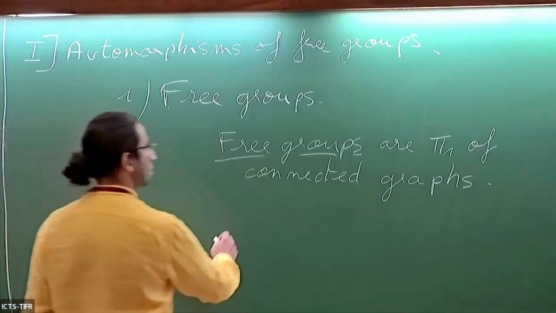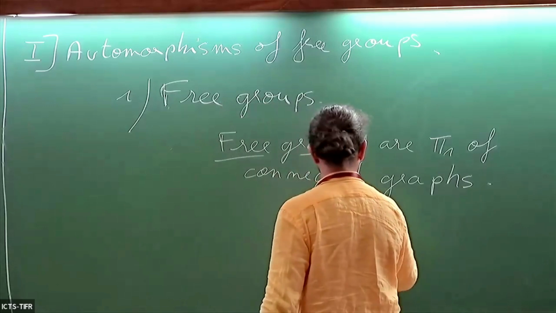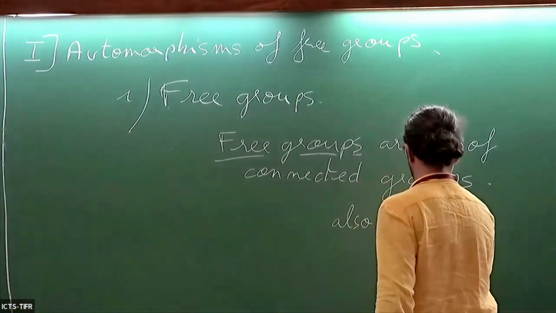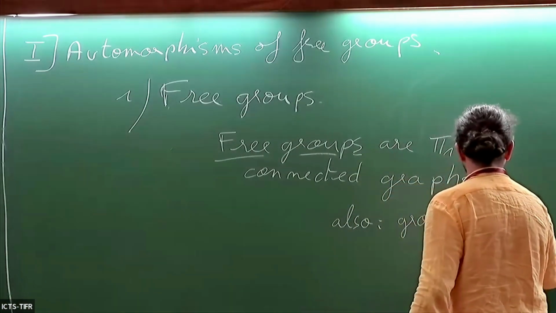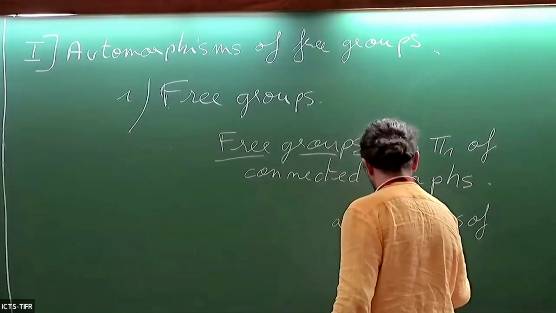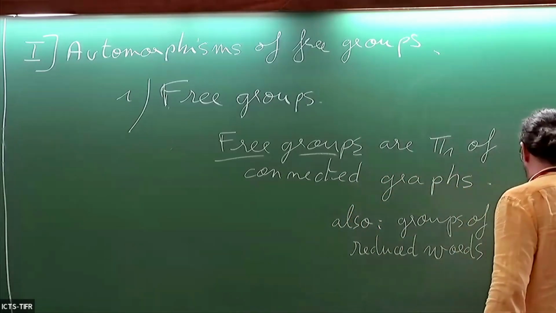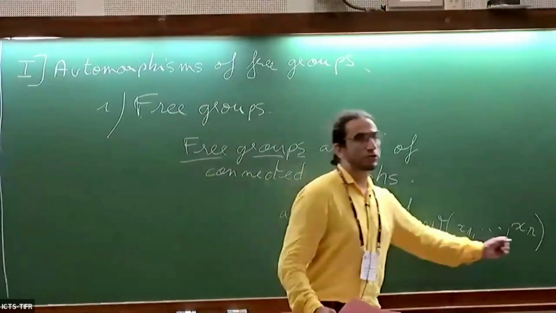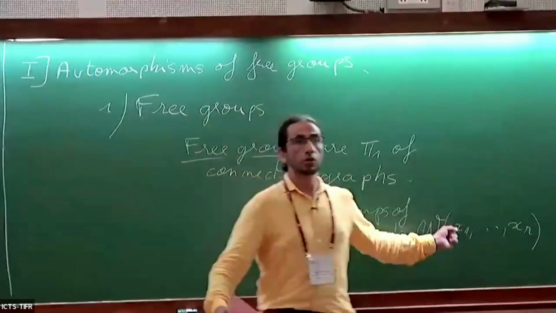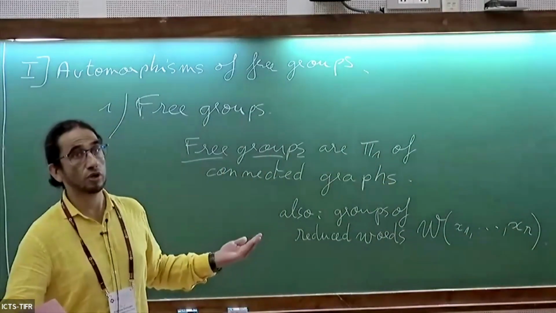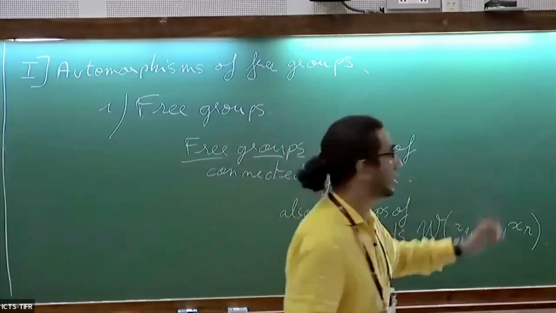And there are also groups of reduced words. That means that I have an alphabet of R letters, and I write words with these letters, their formal inverses, and I write only reduced words, no pairs of inverse letters adjacent.